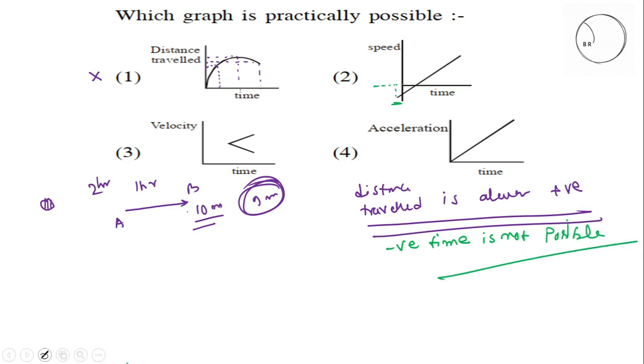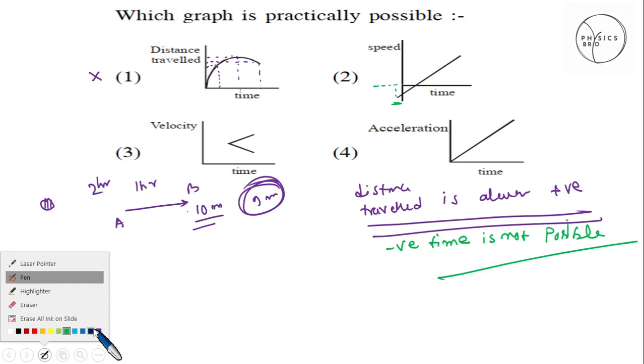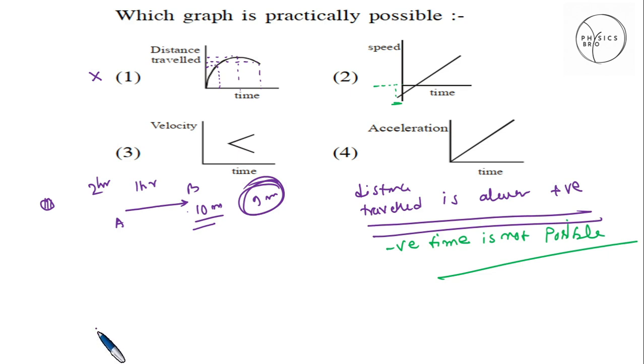Secondly, option 3 is very interesting. Look, if you take a line parallel to the velocity axis, you get a crossing at this point and this point. So at a single time there are two velocities.